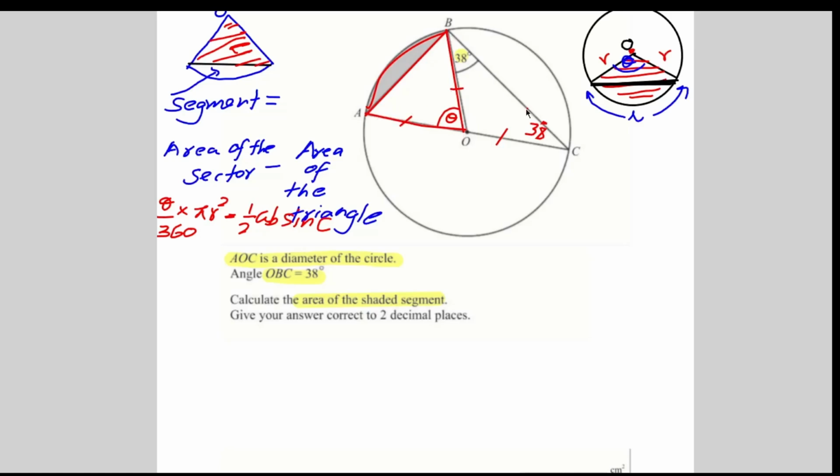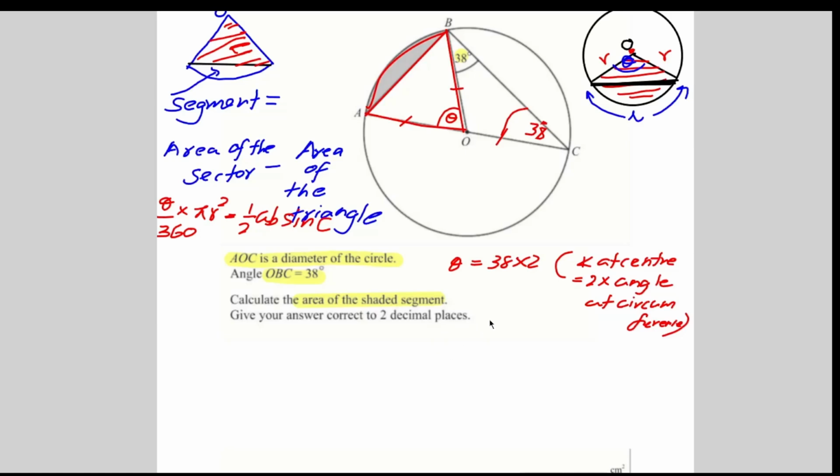Then this angle is 2 times this one. Angle at center equals 2 times angle at circumference.